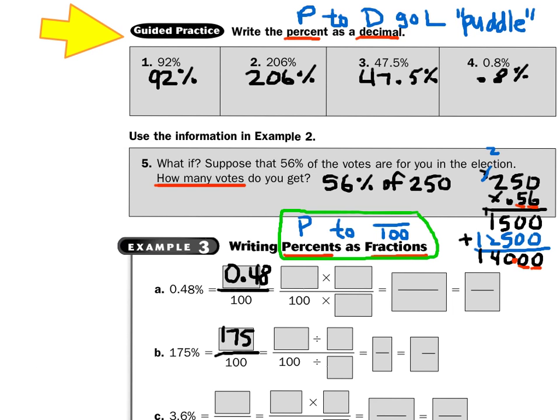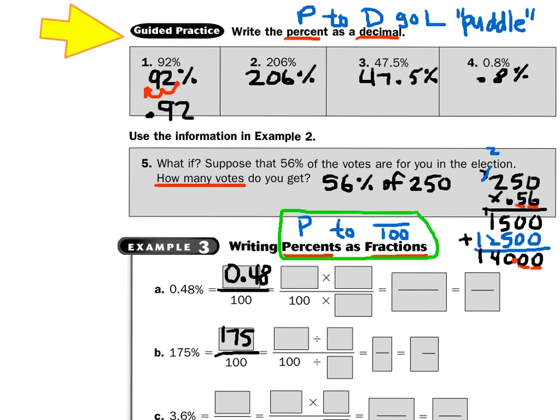Hi, you guys. So let's practice writing percents as decimals. So look at number 1 in the guided practice, 92%. The first thing you do is write it out, and then you want to grab your red, and I want to see that decimal at the end of the 2, and then move it 2 places to the left, and so you'll get your answer of 0.92, and then you can box your answer.